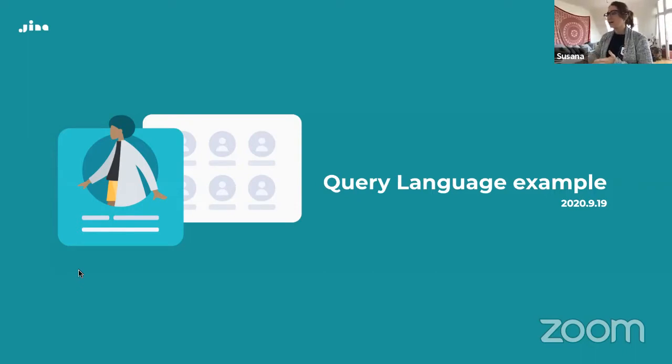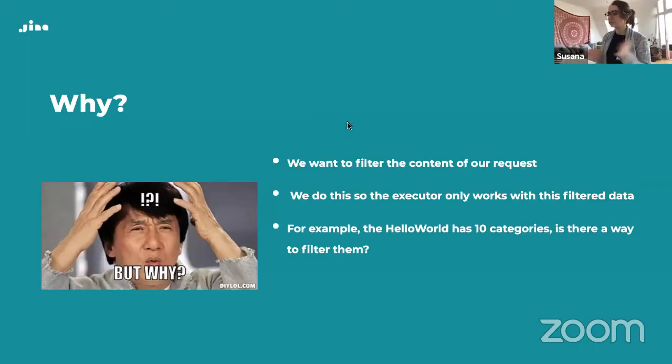Just to give an overview of what we're going to do now. I'm going to go through an extension of the Hello World example. In the Hello World, we had the fashion dataset, and we were showing all the categories, so we were seeing all the examples sorted by category, right?